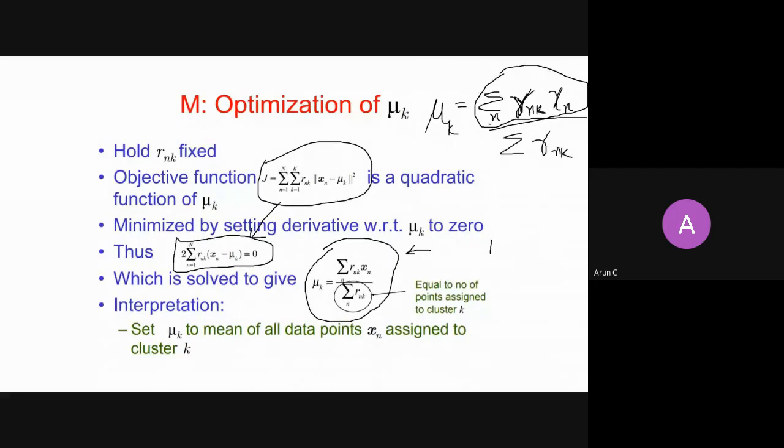So this k is fixed. See this way: you have r vectors. How many r vectors are there? There are n r vectors.